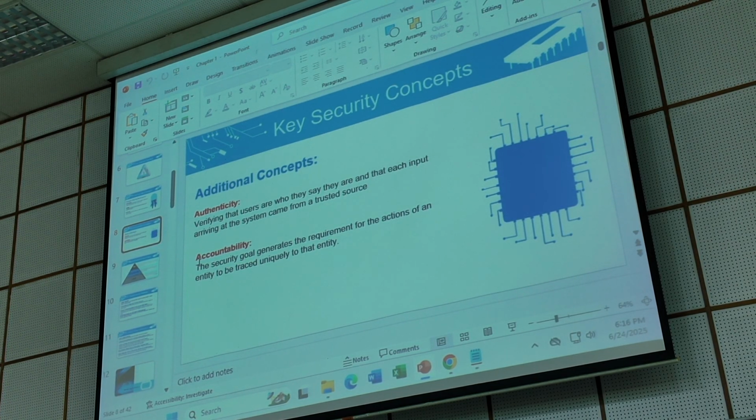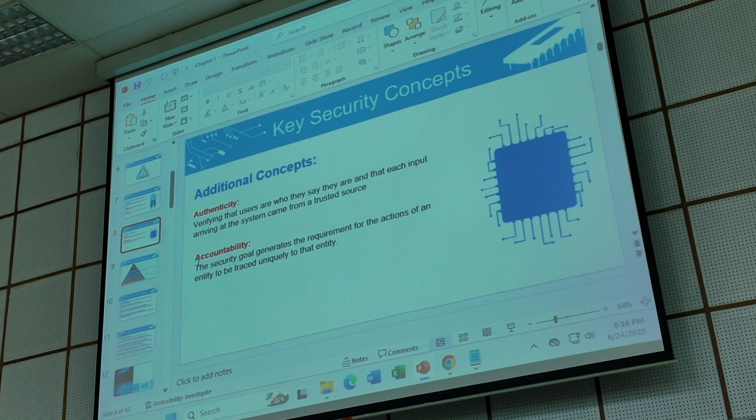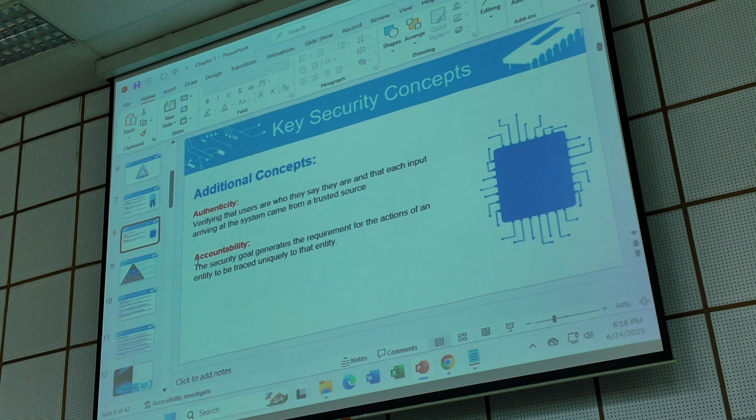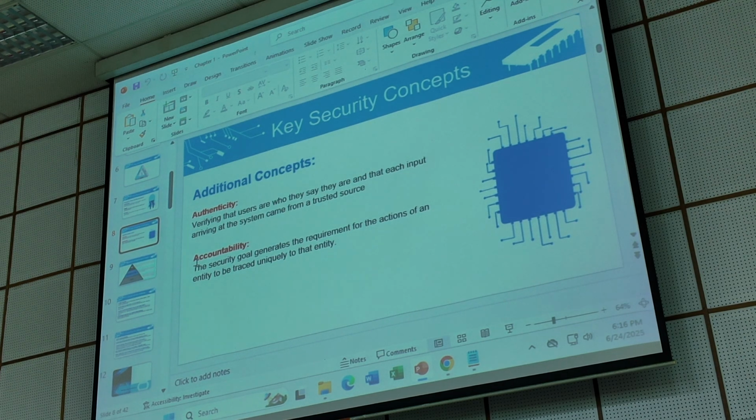Accountability. What is accountability? Do you know what a log file is? For example, when you access the server, all the activity you have done will be recorded: what time you accessed the server, what you have done, what you have modified. All this is under accountability.